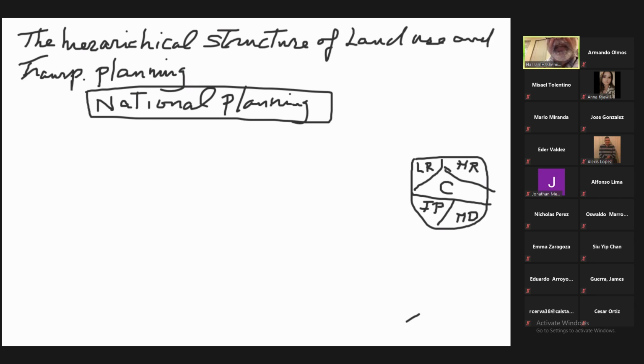So what type of things are they looking at? They are looking at the economic development policies. They are looking at the transportation policies.